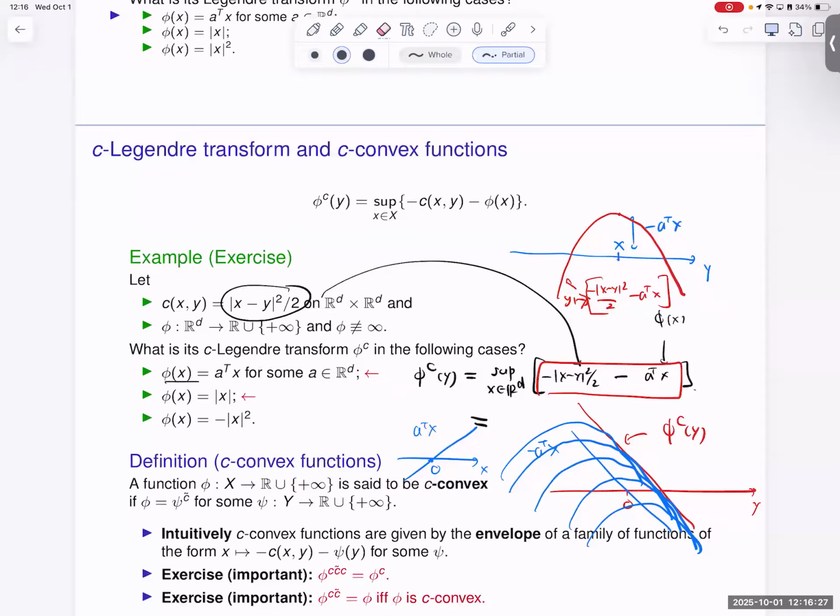Question. Now you can similarly compute the C-Legendre transform of this function, yeah, with this cost function.